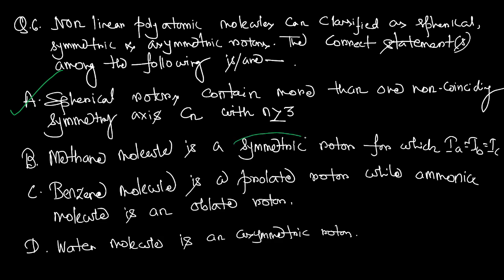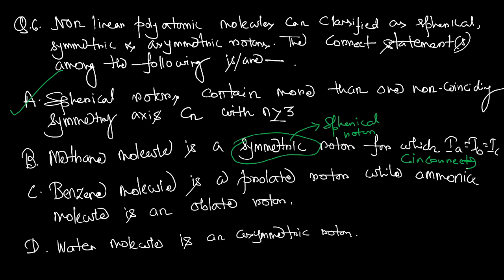As I mentioned, methane is not a symmetric rotor, it is a spherical rotor. However, the condition written in the question is correct, but the statement showing that methane is a symmetric rotor is an incorrect statement.